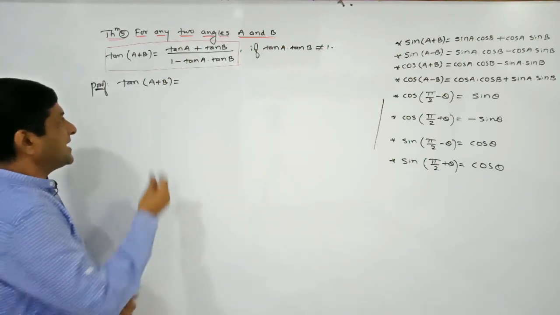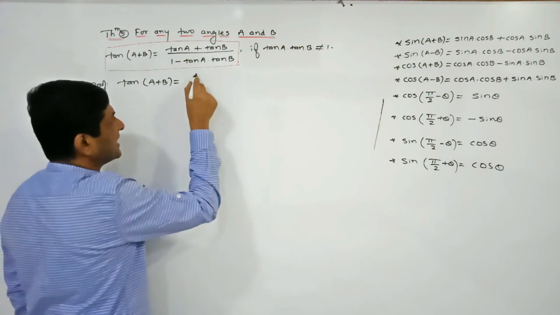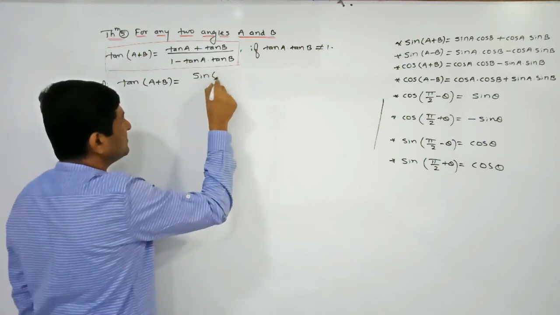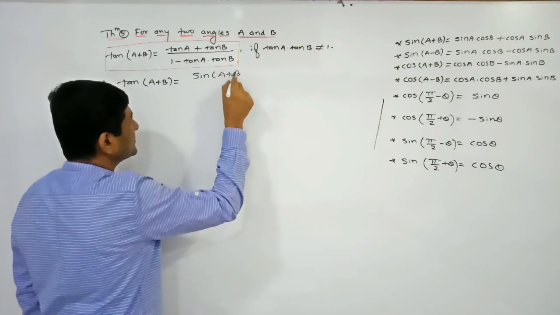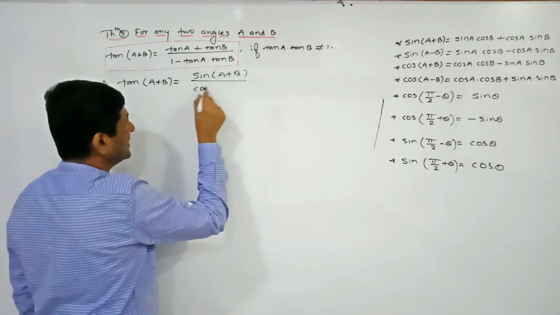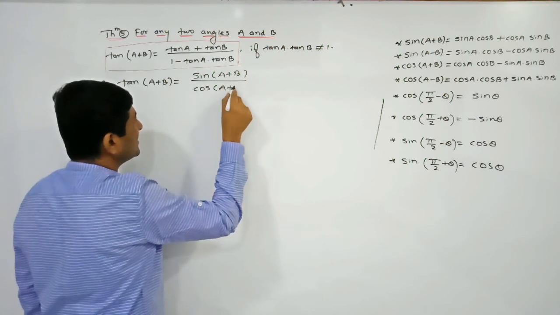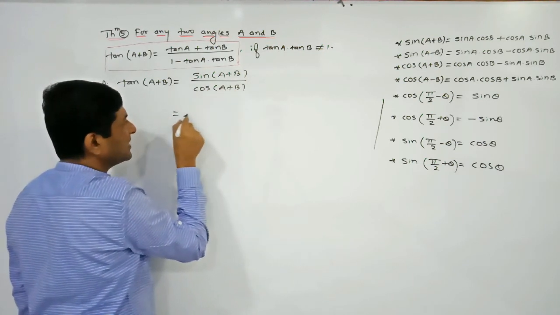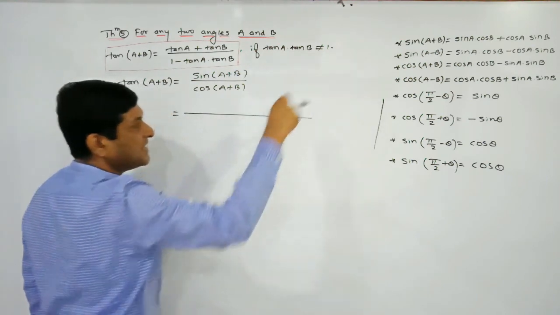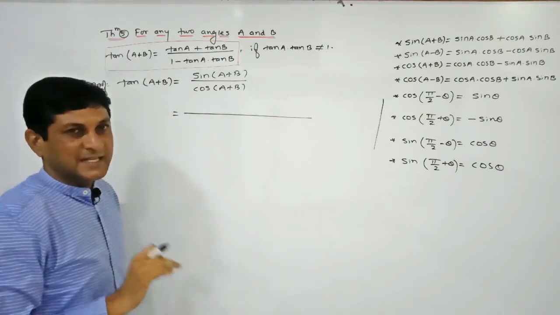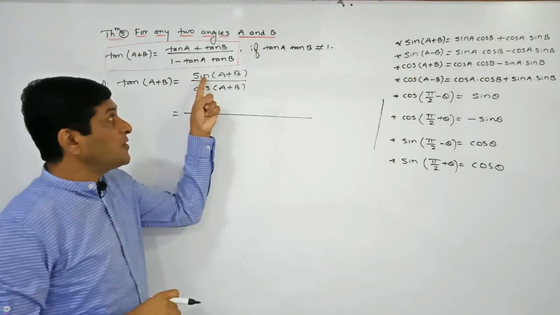So we know that tan can be written as sin upon cos. So tan(A plus B) can be written as sin(A plus B) upon cos(A plus B). Why are we converting it in terms of sin and cos? Because our formulas are available in terms of sin and cos. Now what is the value of sin(A plus B)?